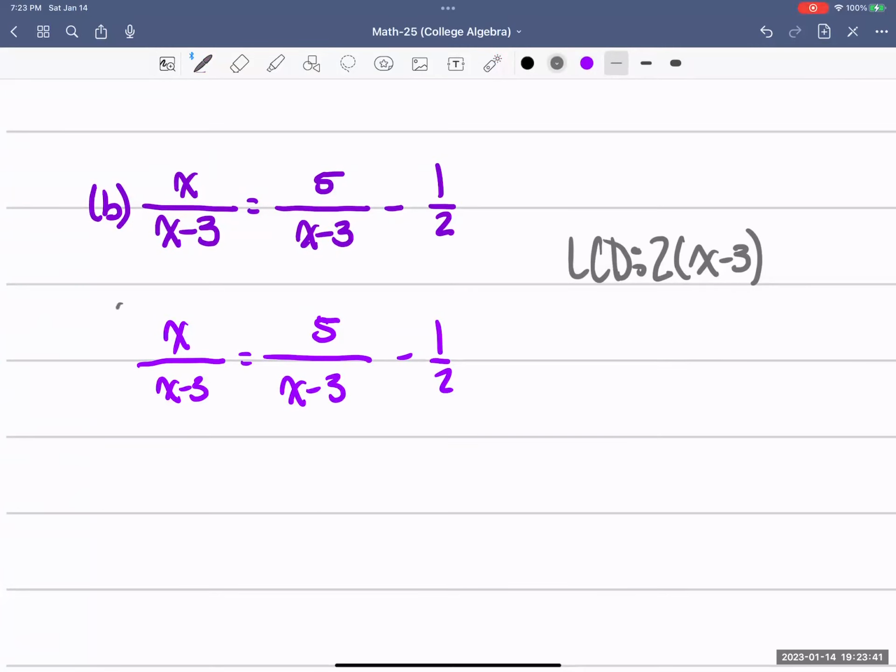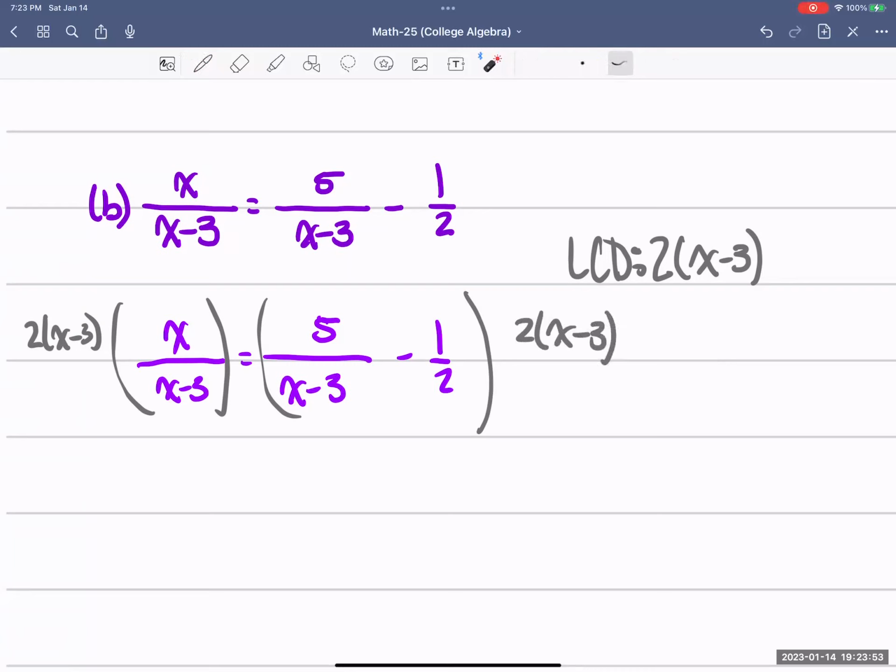We're multiplying both sides by our LCD, which is 2 times x minus 3. When we multiply over here, our x minus 3's divide out, and our left-hand side leaves us with 2 times x.